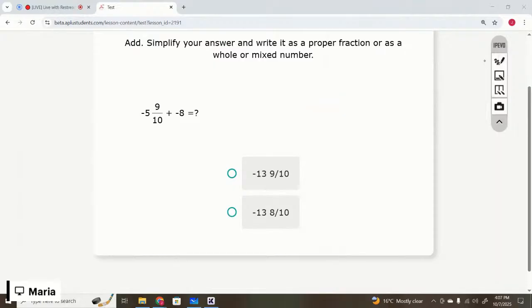Option number 1 is the correct option. Negative 7 over 10 plus negative 7 whole 1 by 10.